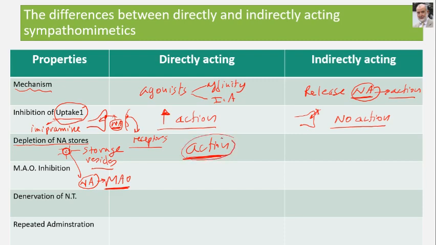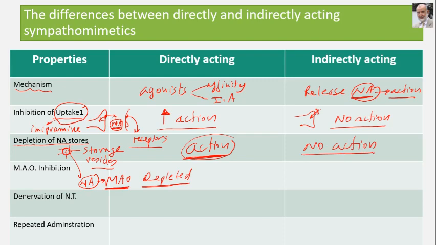But indirectly acting drugs, once they enter the nerve terminal, find nothing to be released because noradrenaline is depleted. Depletion means removal of the content. There is no noradrenaline to be released. So they will enter the nerve terminal and find nothing to be released, so they will produce no action. Their action will disappear.